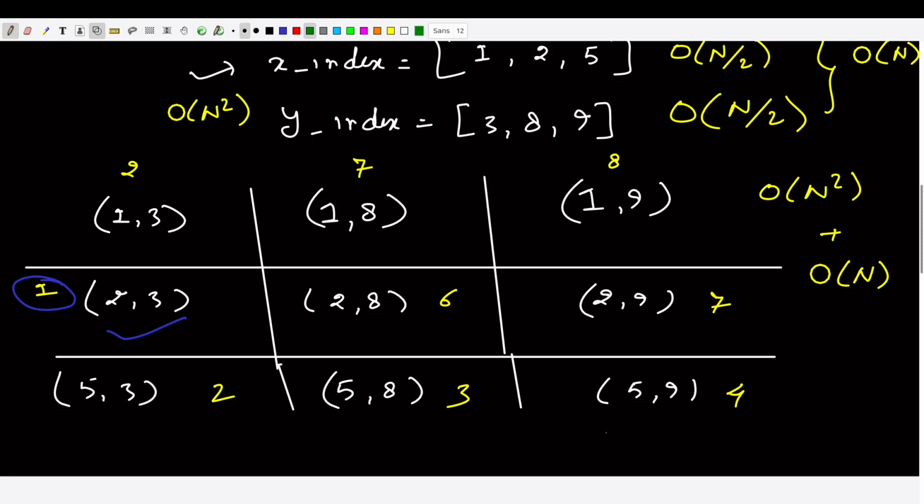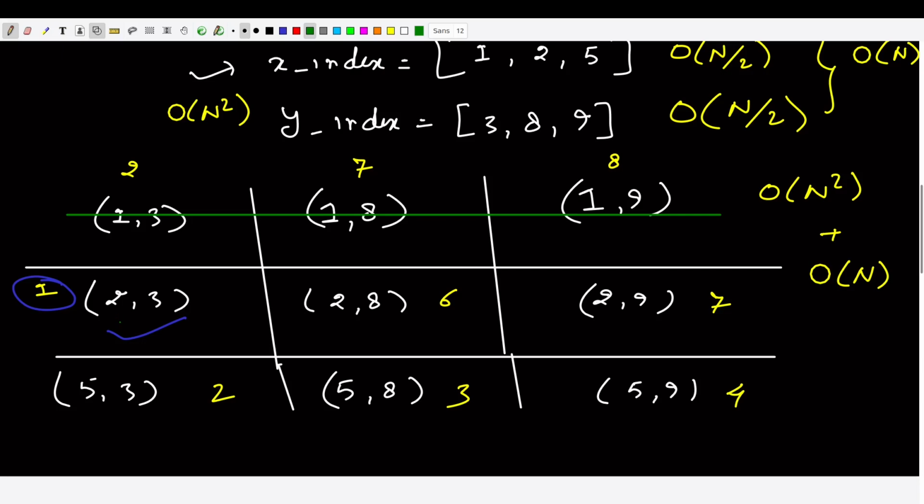So in the optimal solution, remember, we were computing all these 9 pairs, the differences between all these 9 pairs, and from the optimization we can see that we don't really have to compute this part, right? 1 comma 3, 1 comma 8, 1 comma 9, we don't really have to compute it, because we have seen the next index of x at position 2 when y was unknown, right?